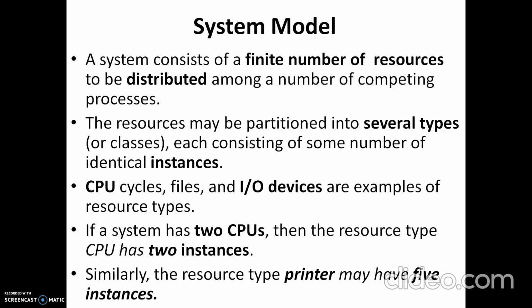For example, if there are two printers available and two processes simultaneously need a printer, they will still be able to get it without any deadlock or conflict, because there are two instances available. On the other hand, if there is just one printer, there is a better chance of the processes getting into a deadlock.